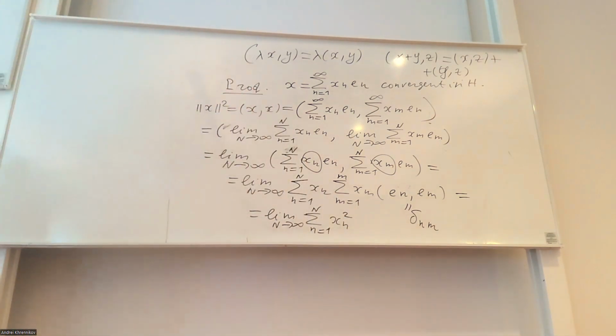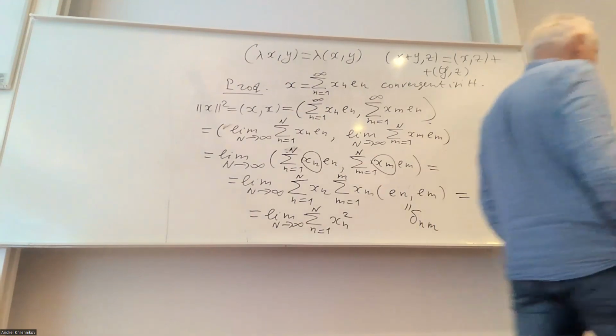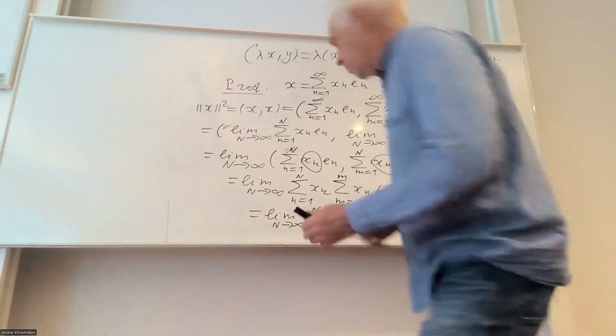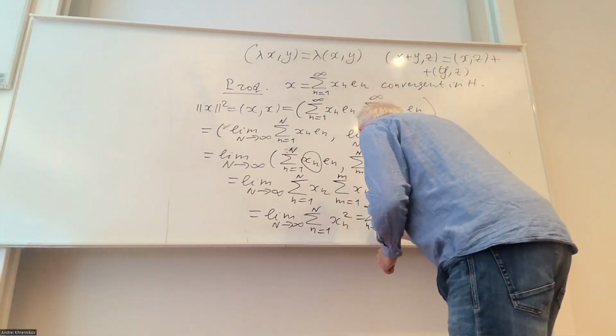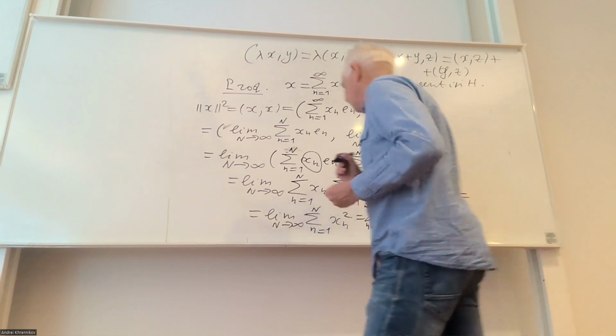And this is just the sum of this series. By definition, this limit of partial sums is just the sum of this series. So we proved the Parseval equality. It's equal to the sum from n from 1 to infinity, xn square.